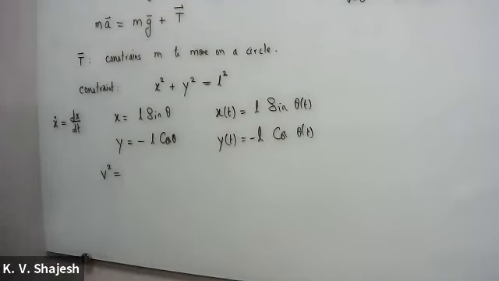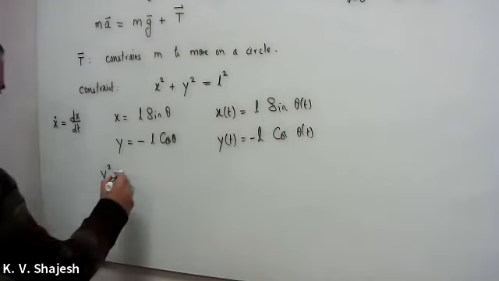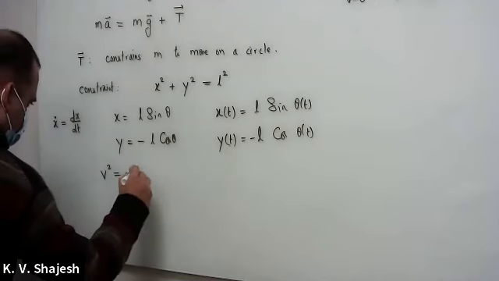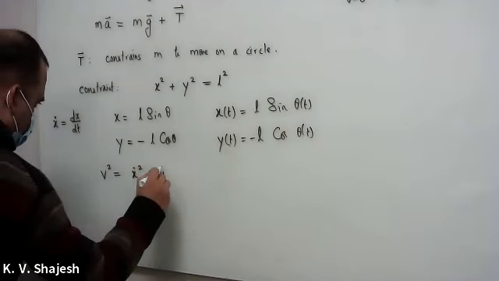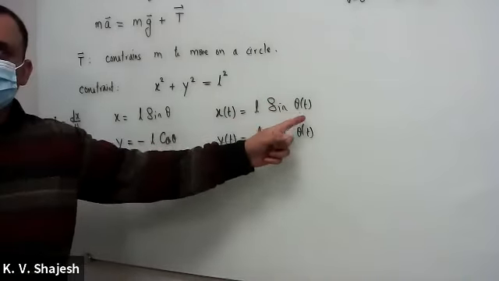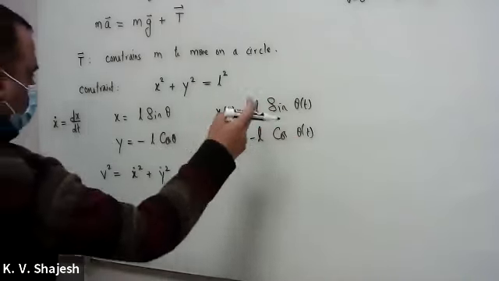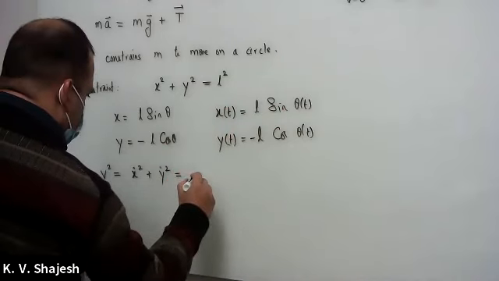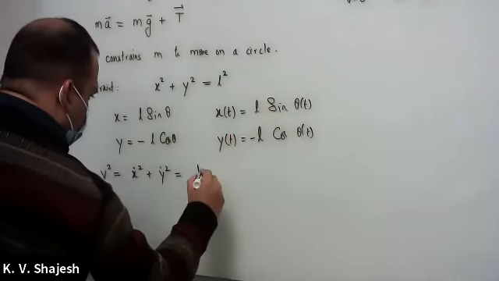Let me use that just to make you familiar. I try not to use too much notation. So that's x dot squared plus y dot squared. The time derivative of x, as the only time dependence is in the angle theta, is equal to L times cosine theta.